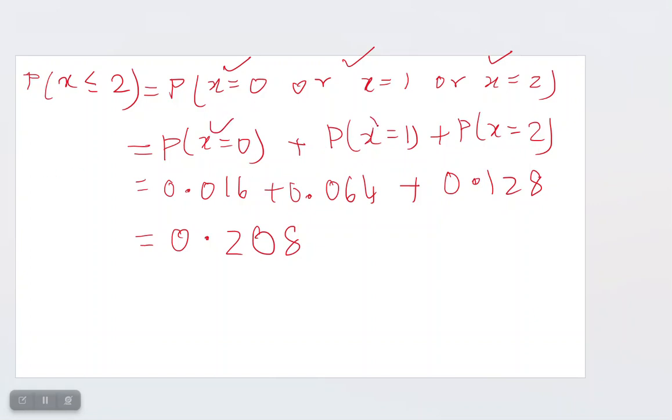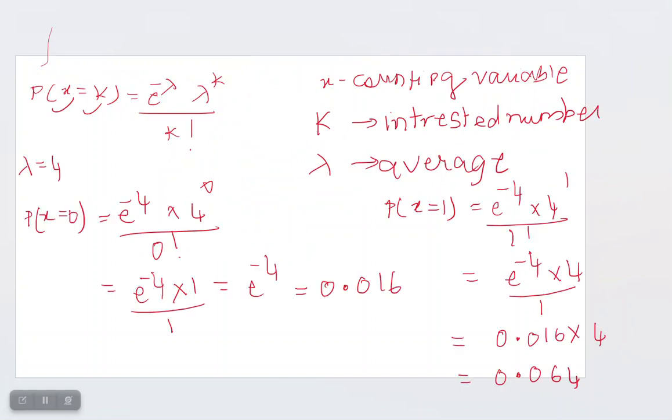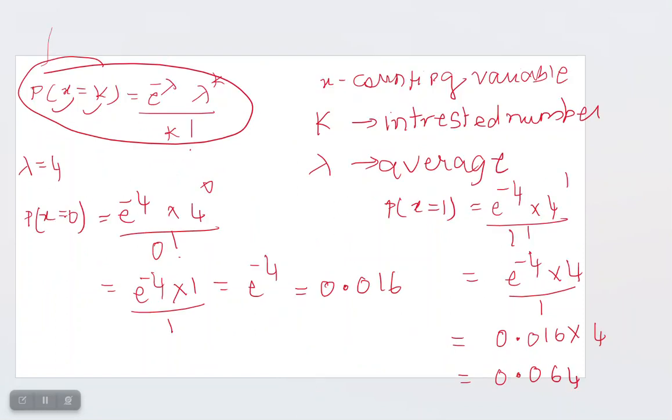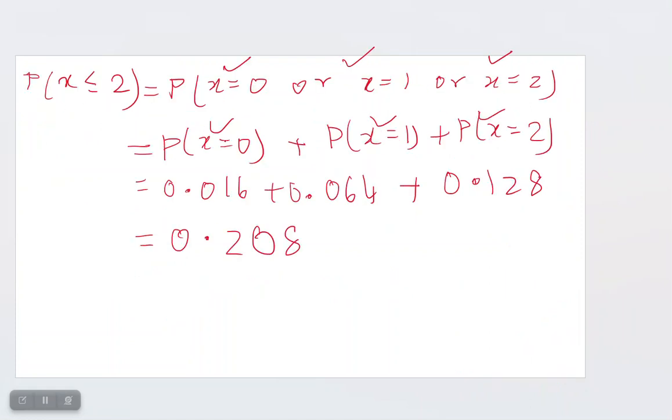All these values, we have to find using the Poisson distribution formula, e raised to minus lambda, lambda raised to k upon k factorial. The lambda in this case is the average, and our question clearly mentions that in a power plant on an average 4. So lambda is 4, and k depends. In the case of x0, k will be 0, x1, k will be 1, x2, k will be 2.